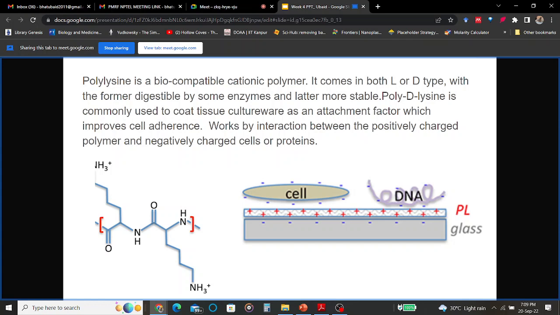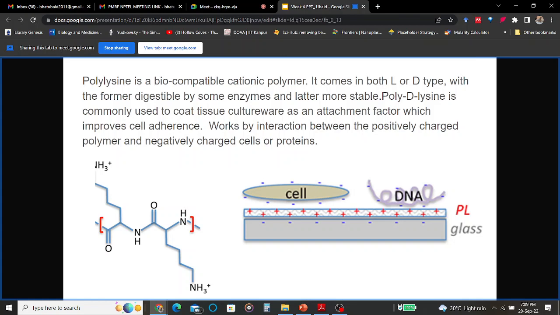Nowadays, the majority of culture flasks are made up of polystyrene. These polystyrene plates also have a net negative charge, and they are usually coated with polylysine. Earlier, these flasks or glass plates were coated with natural extracellular matrix components like collagen and fibronectin.